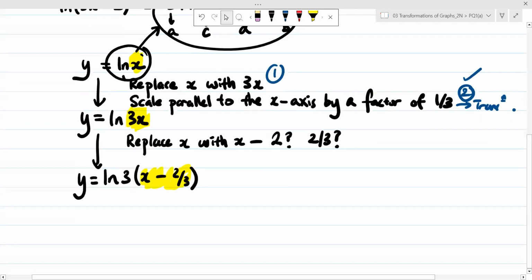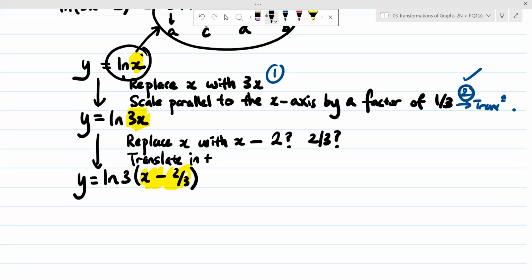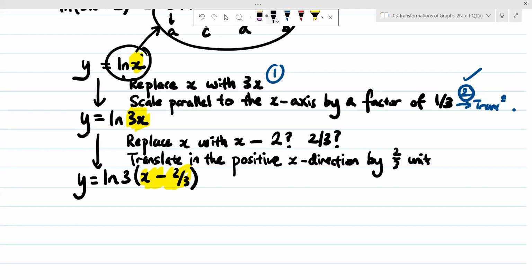So the transformation is translate in the positive x direction by 2/3 units. Okay, so then you get the one you want.